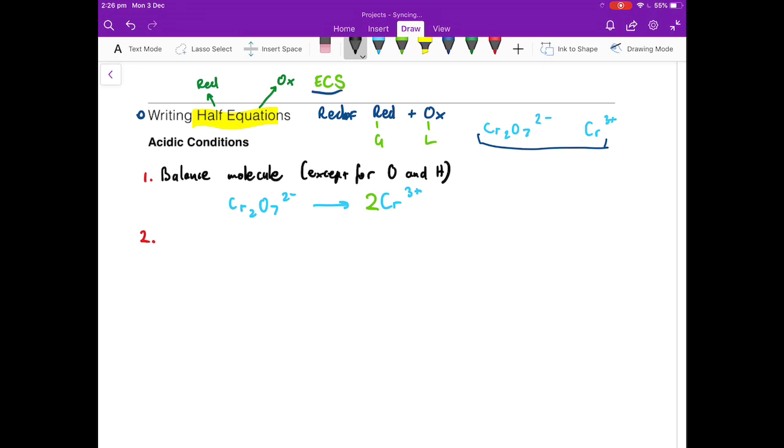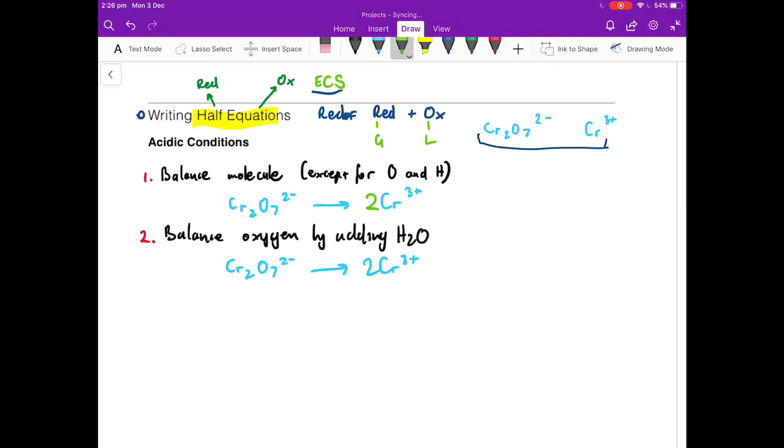Step 2 is to balance oxygen by adding H2Os. So all we need to do here is to balance any remaining oxygen. So let's look at our equation so far. Cr2O7 2- goes to 2Cr3+. So as you can see, we've balanced our Crs.